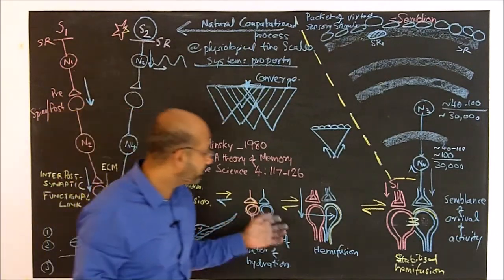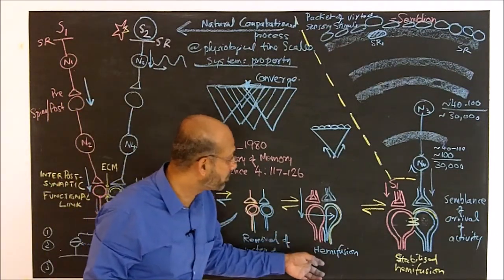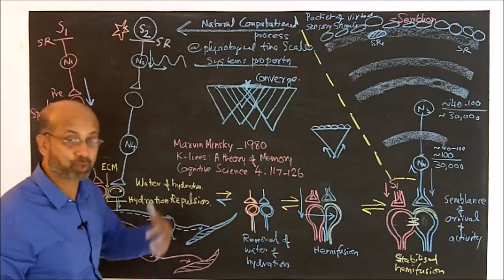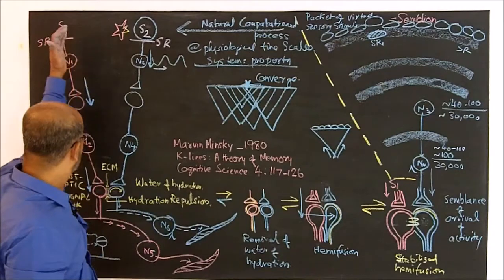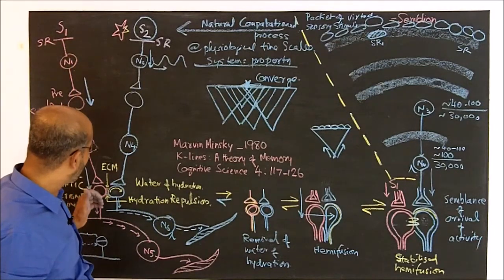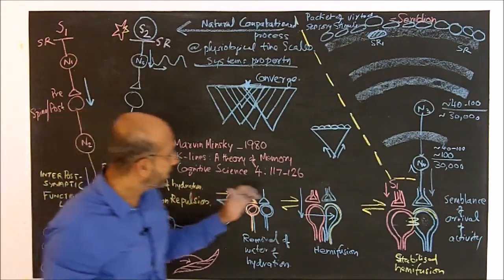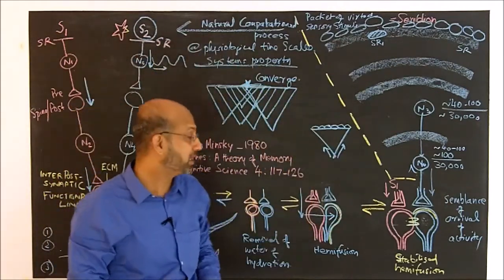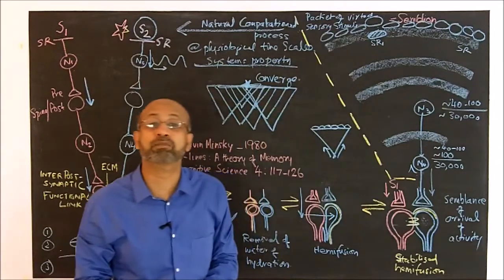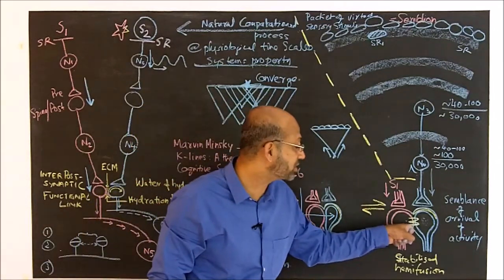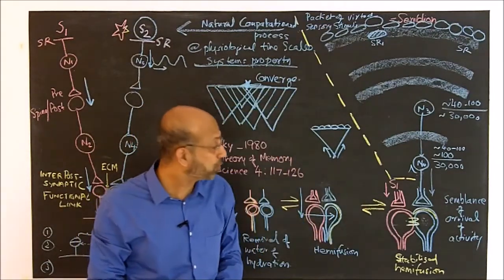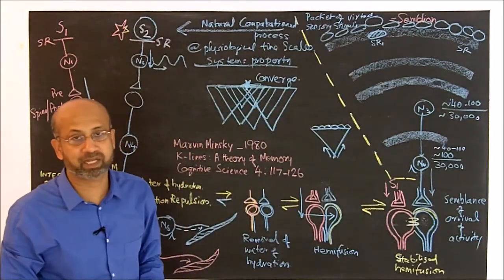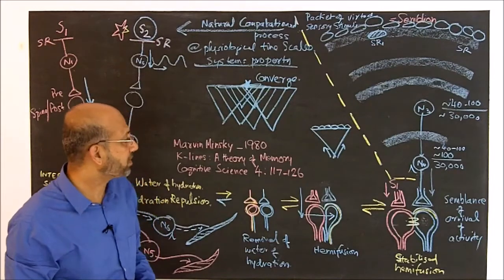Whereas if the interpostsynaptic functional link is formed by hemifusion, then they can remain there for a short period of time, during which one of the cue stimuli can arrive and induce virtual inner sensation of the second stimulus, leading to short-term memory. And if you can stabilize those interpostsynaptic functional links for a long period of time by the insertion of a transmembrane protein there, then we can keep that for a long period of time, explaining long-term memory.